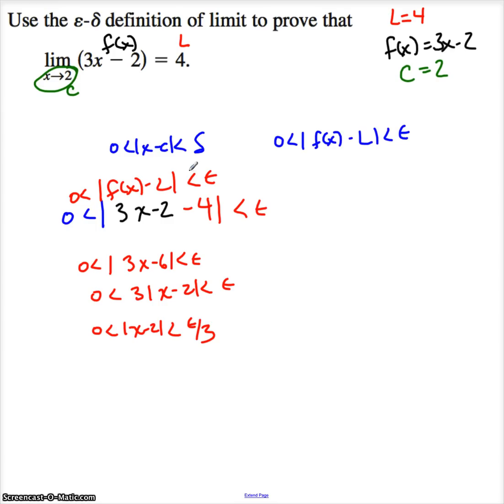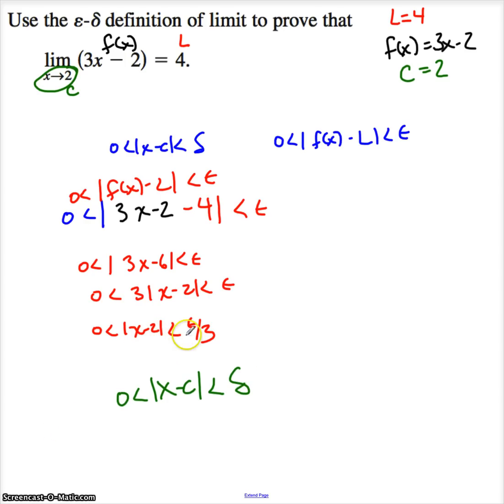So I can pick delta. If I pick epsilon here, and it doesn't matter what I pick, I'm looking at this part right here. See, I've gotten this in the form of x minus c.